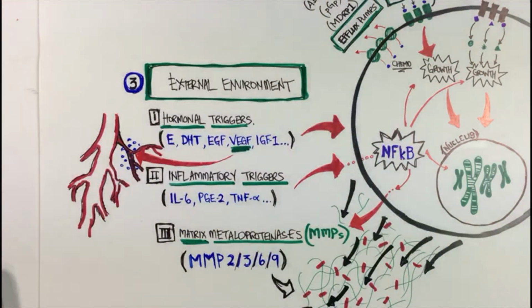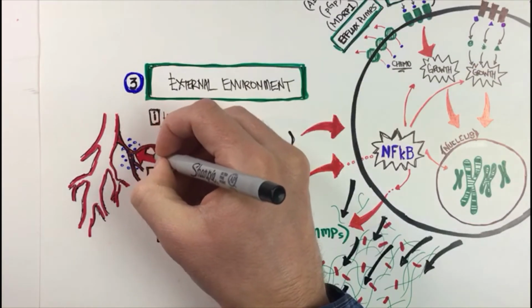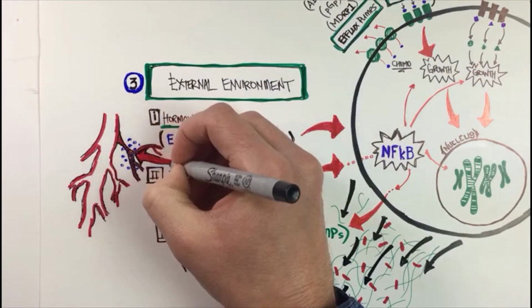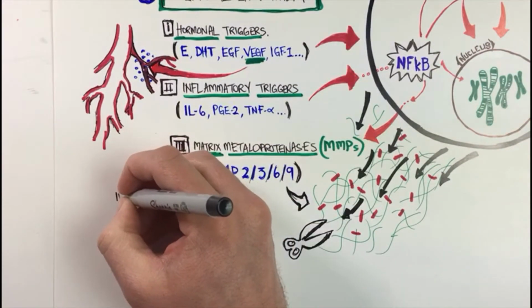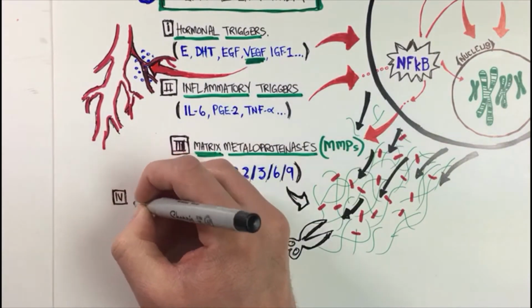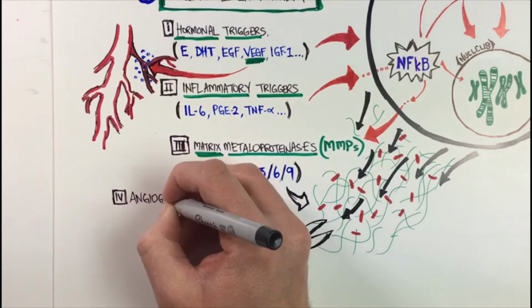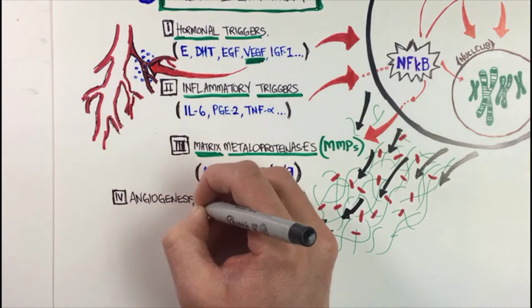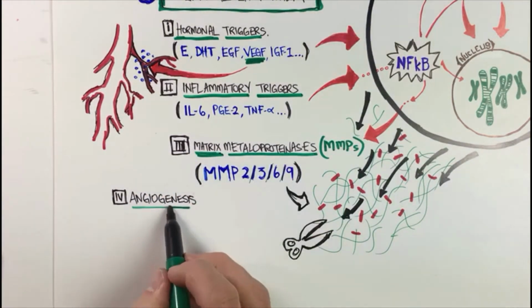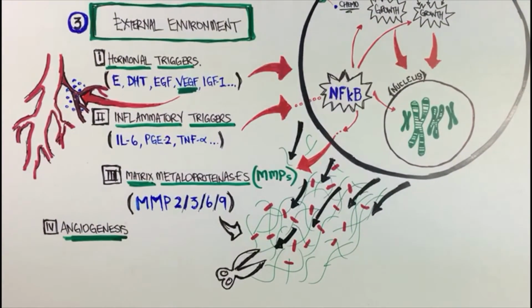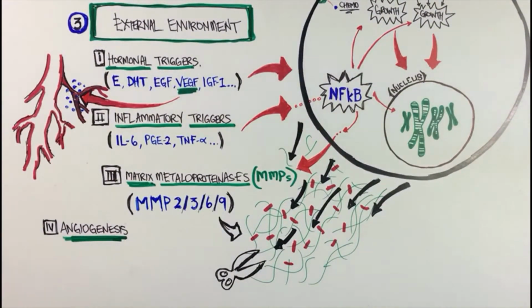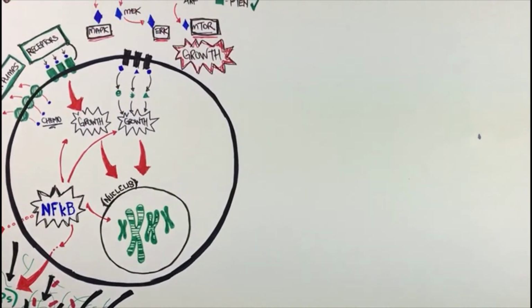So you see that higher concentration and then a budding, and then we get an enhanced blood flow, bringing more inflammatory factors, bringing more hormonal factors, bringing more nutrition and building block resources to the tumor for growth. So this is called angiogenesis, genesis meaning creation, and the creation of new blood vessels to the local environment. So these are some of the external survival skills that cancer cells acquire and rely on for their growth.